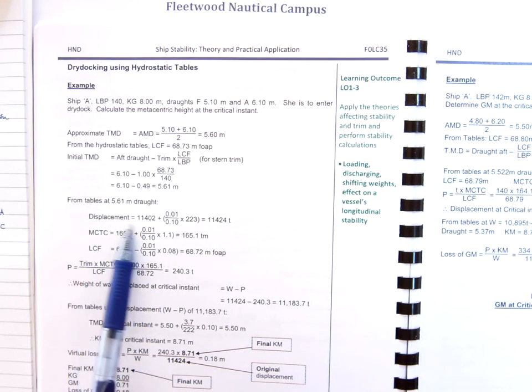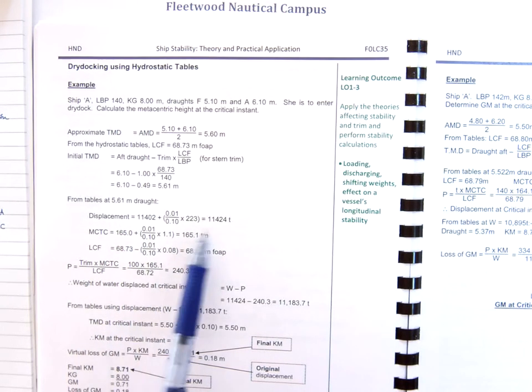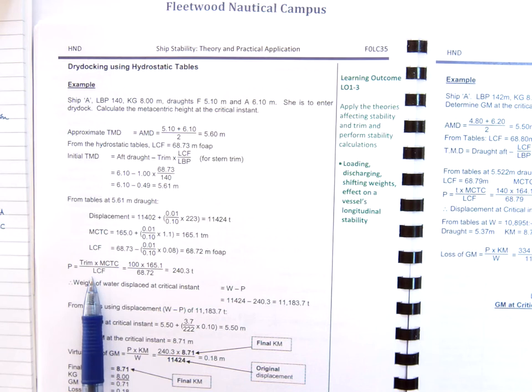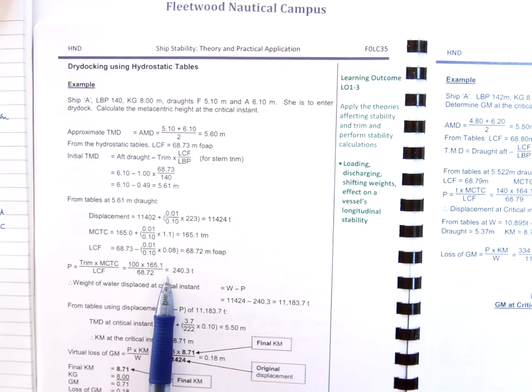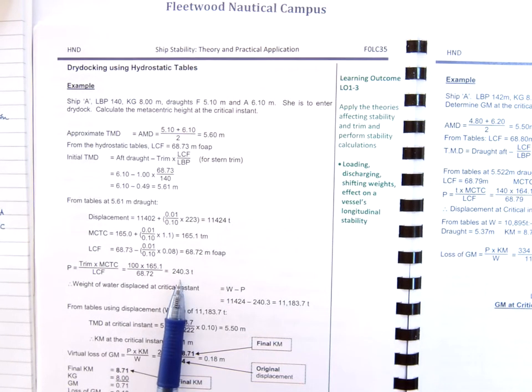We then go back into the tables at 5.61, get our displacement, MCTC, LCF. Put those into the formula, and remember what I said about trim, we call that 100. 100 times 165.1 over 68.72, and it tells us the weight of water displaced at the critical instant is 240.3.